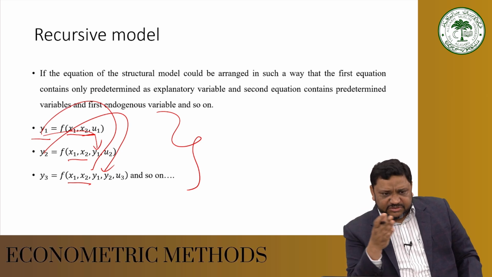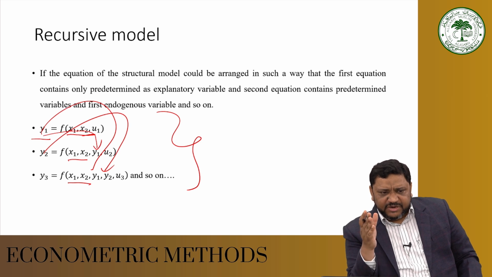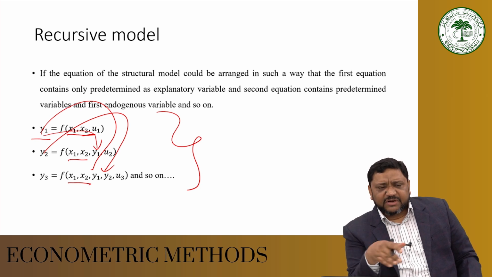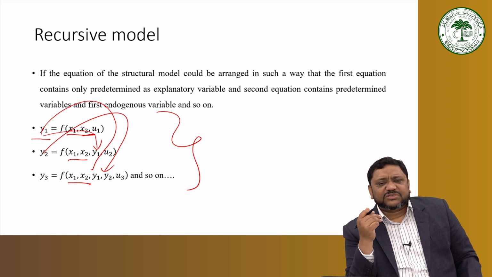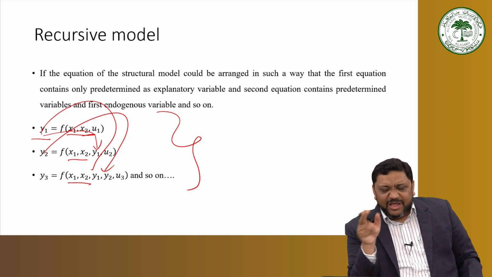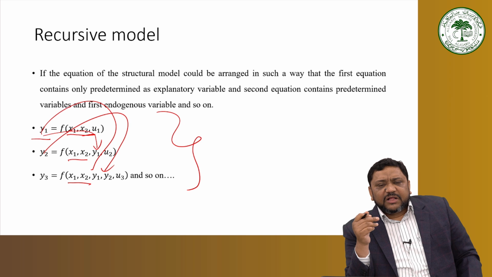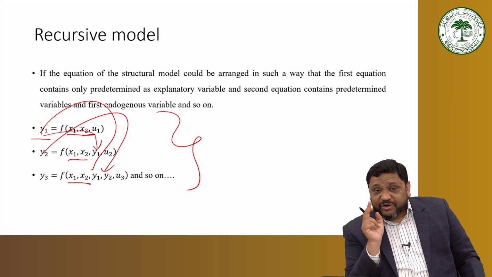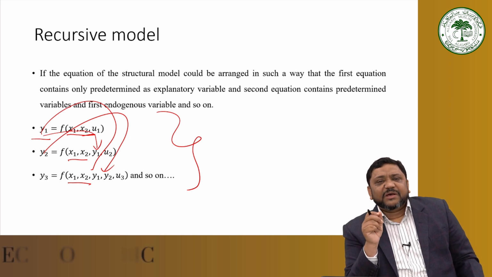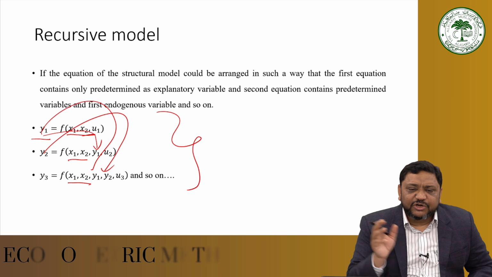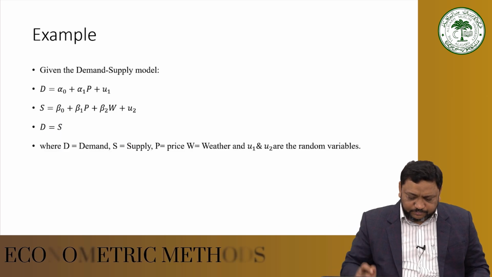That is, the first has only predetermined variables, and then we have predetermined variables and the earlier endogenous variables. This system is also called a triangular system, because the coefficients of these endogenous variables form a triangular form. We will see it later. But what we want to emphasize right now is that the main advantage of the recursive model is that OLS can be applied directly on each equation to estimate parameters.